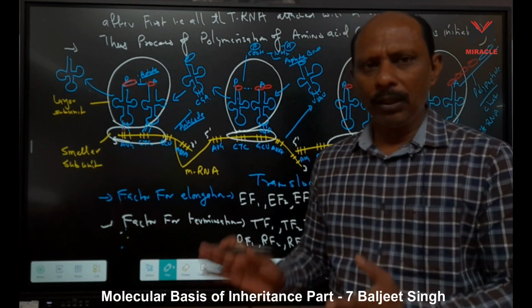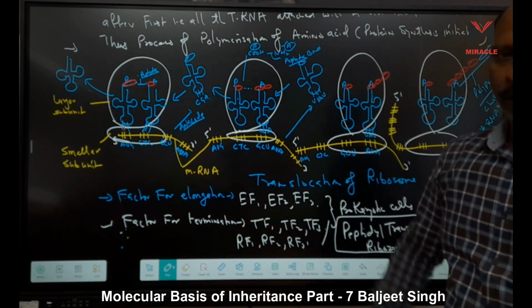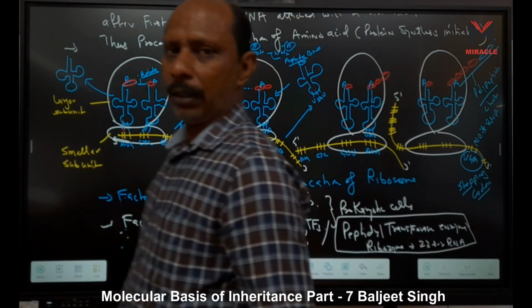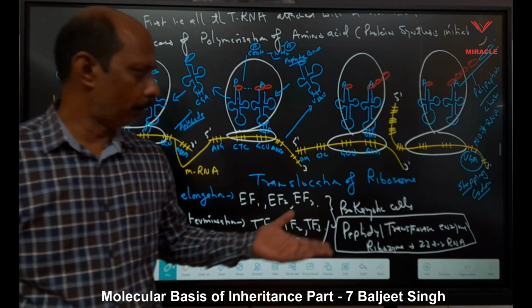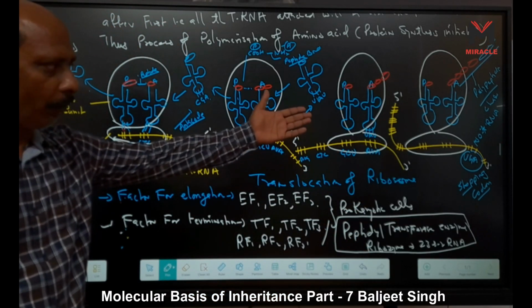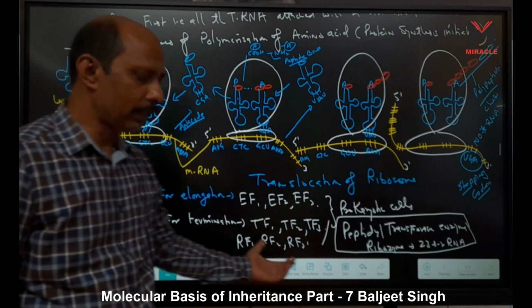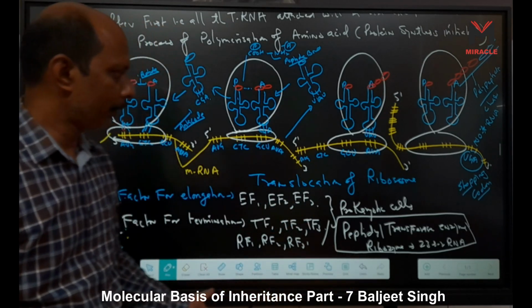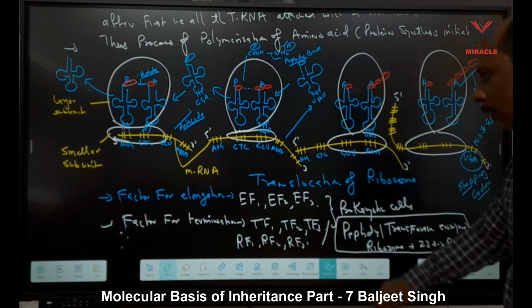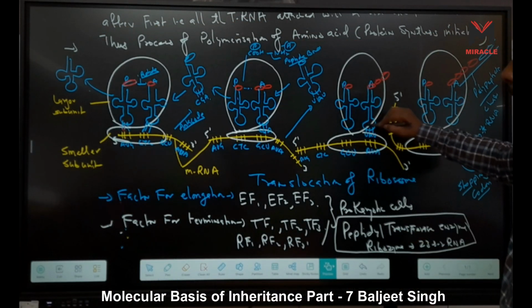The polypeptide which is formed here is released from the ribosome, so it is called a releasing factor, right? So this is the total process of translation, and I think you understand here.